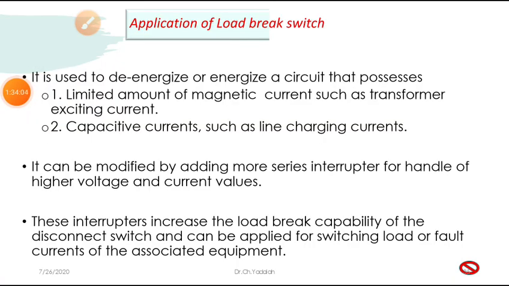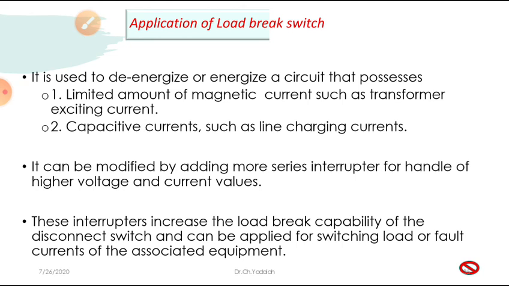Now coming to our topic. Now you have seen different types of load break switches. Different companies manufacture them based on how they quench the arc. The basic methods are the high resistance method and the low resistance method.